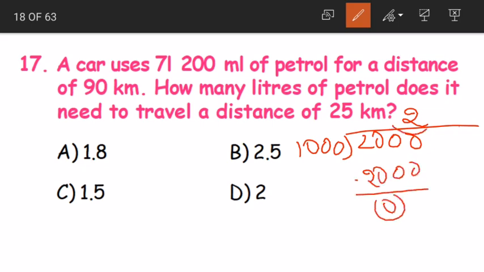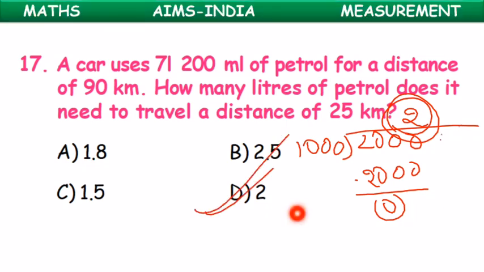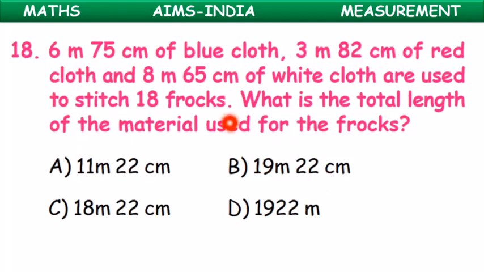So what is our answer, children? The quotient is 2 liters. 2 liters of petrol is needed to travel a distance of 25 kilometers.